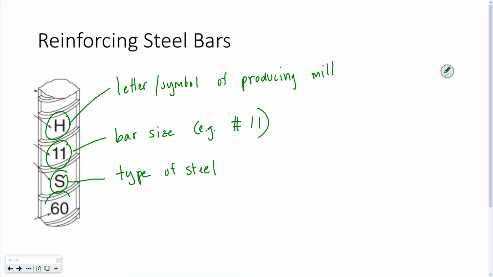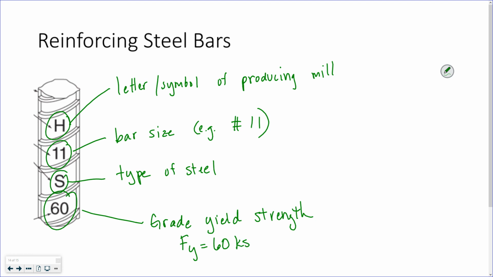And then this is the grade or the yield strength. For example, this is a number 11 bar with a yield strength of 60 KSI. Other values are 40 KSI and 75.